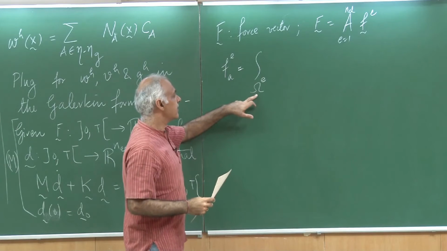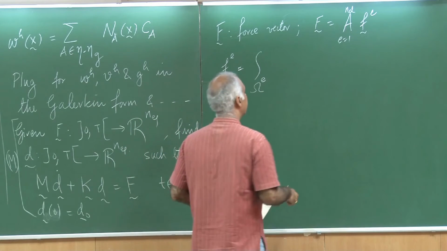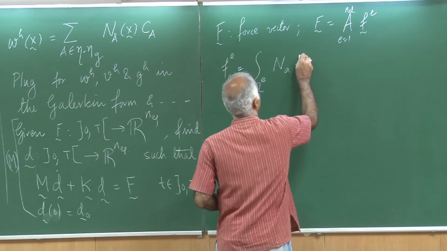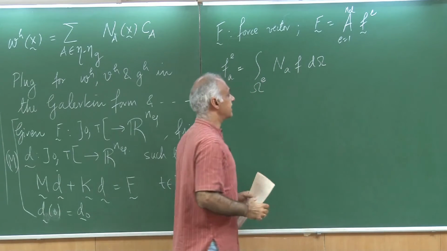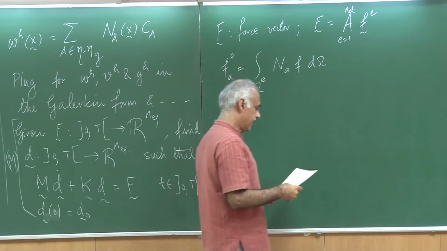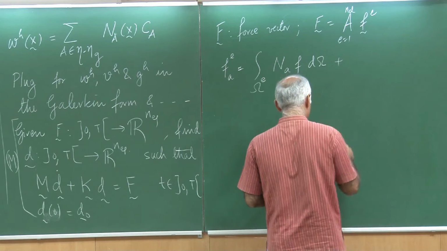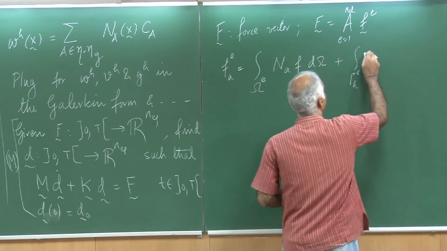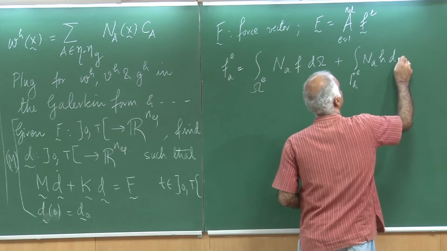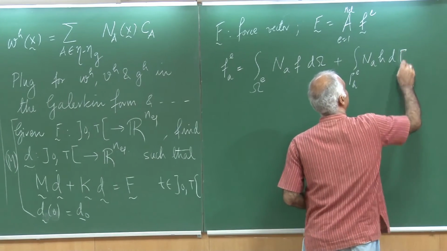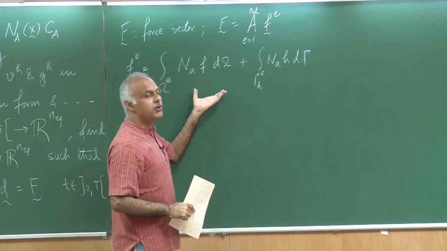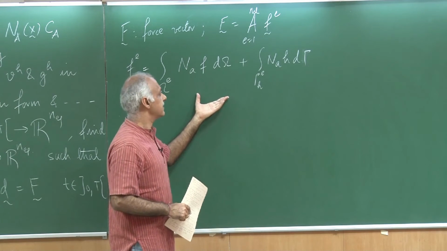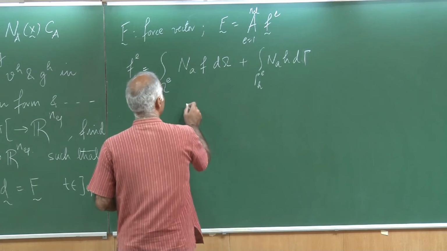I would have to integrate over each element domain, and there are going to be several terms. The first one, as you know, is going to be N_a times f d omega. So, that is the standard because of the forcing, and then I am going to have a term because of the boundary condition, gamma_h^e N_a times h d gamma, and I am going to get two more terms now because of the g type boundary condition, okay, and they are going to be given like this.